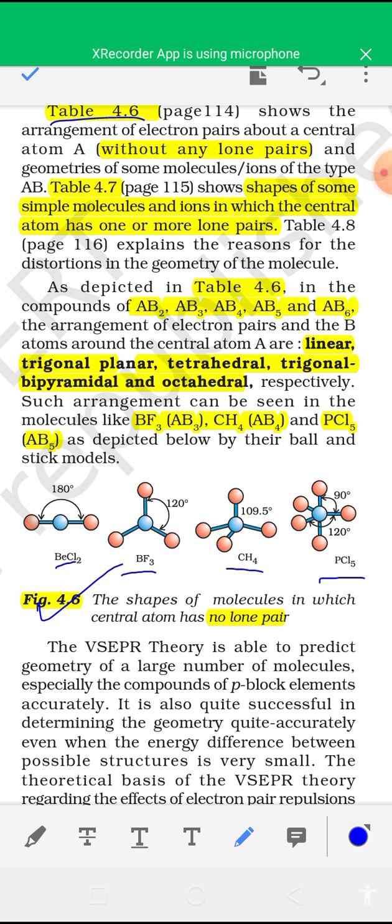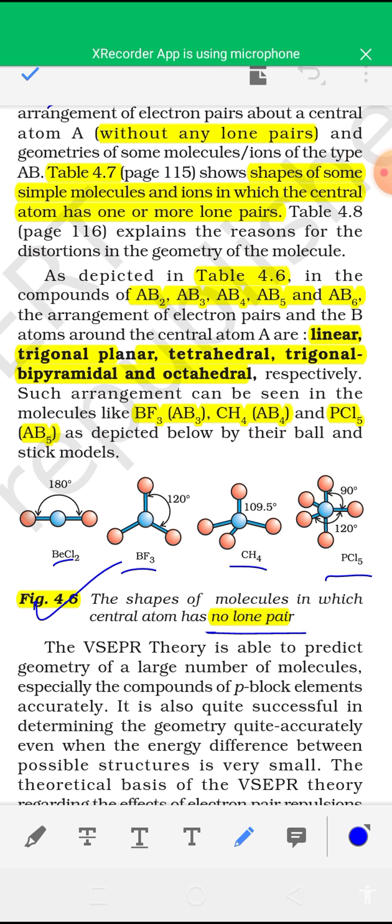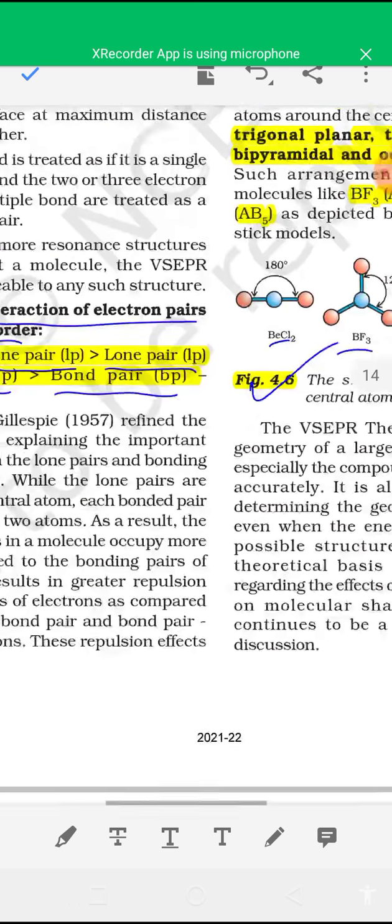In these covalent compounds, there is no lone pair of electrons on the central atom, and their structure and geometry are also given here. BeCl2 is an AB2 type molecule. BF3 is AB3 type. CH4 is AB4, PCl5 is AB5, and AB6 means SF6.